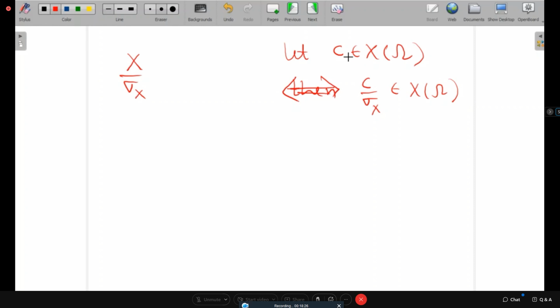It's a one-to-one correspondence. So for proving this theoretical result, you don't need any information for the random variable x.